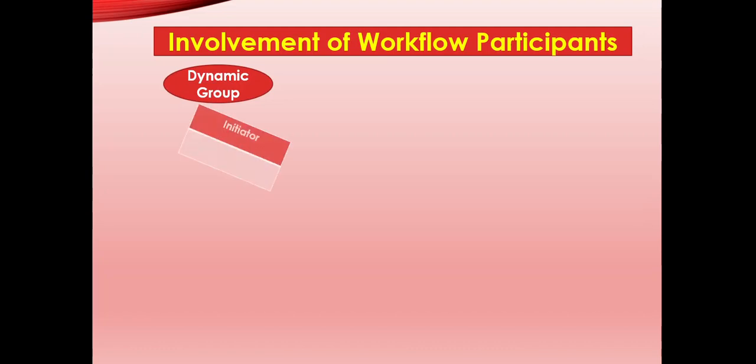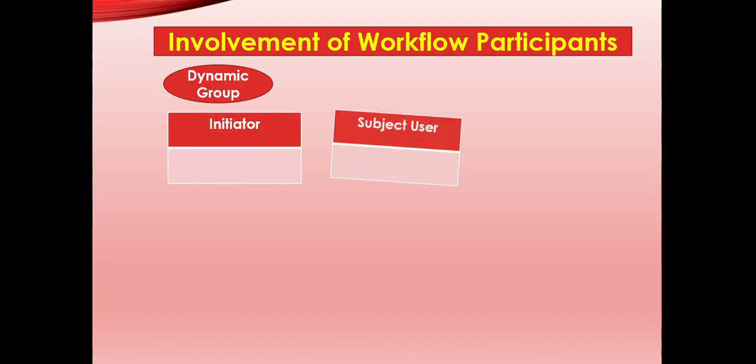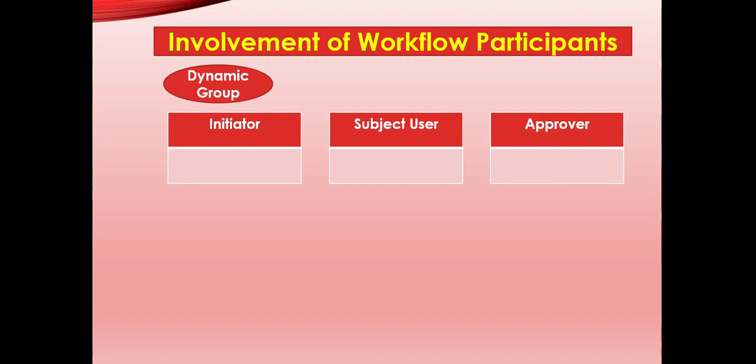One is initiator, second is subject user, third is approver, and also available are contributors and CC roles. We are mainly discussing these 3 participants today, because we are going to discuss the approver part, because dynamic role and dynamic group are related directly to the approvers.